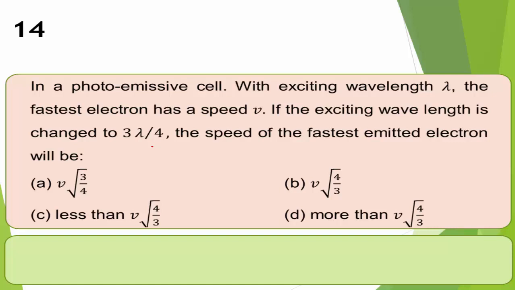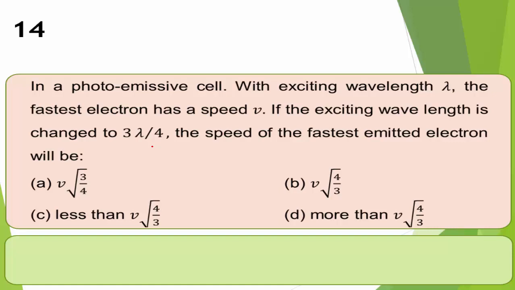Initially the wavelength lambda gives the speed v, and the exciting wavelength is changed to 3 lambda by 4. Now how to find the v dash value?